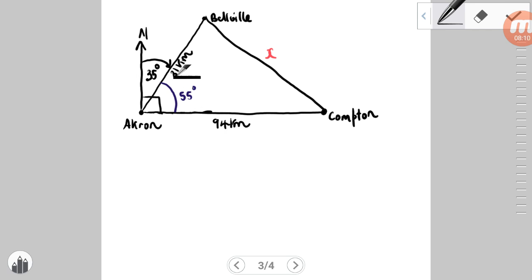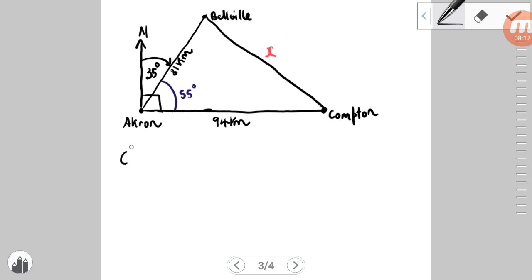So according to the cosine rule, a link will be provided in the description box below for that formula, we know that we'd have to apply the formula c squared is equal to a squared plus b squared minus 2ab multiplied by the cosine of theta.